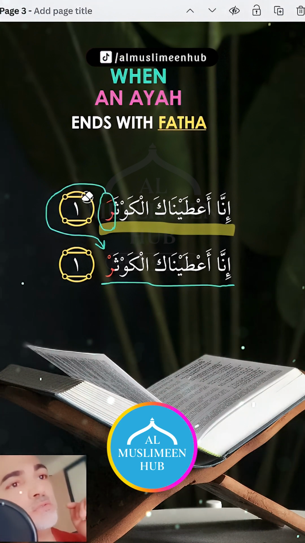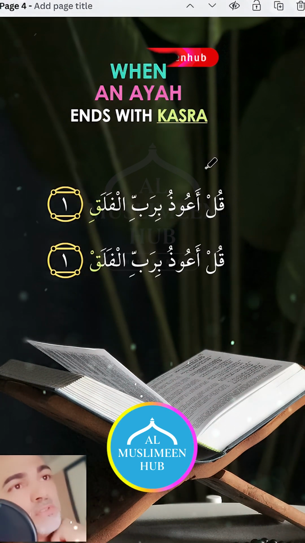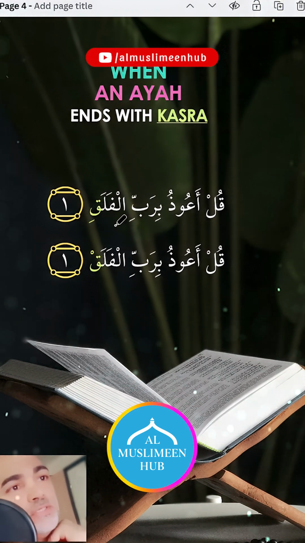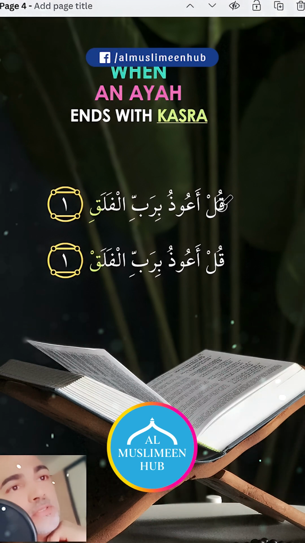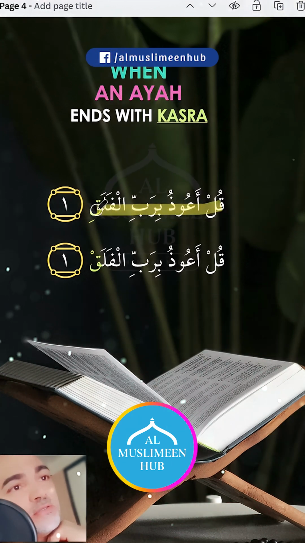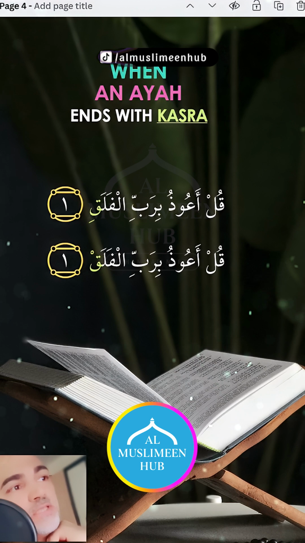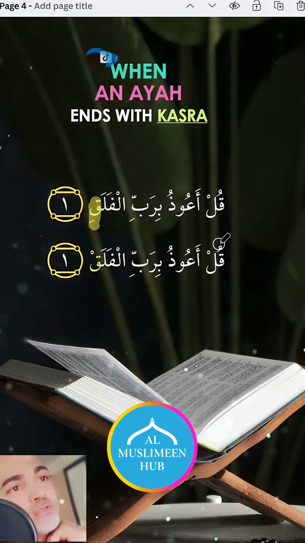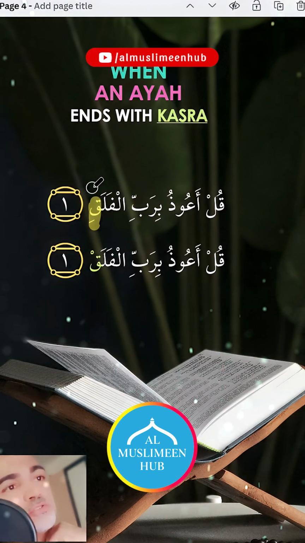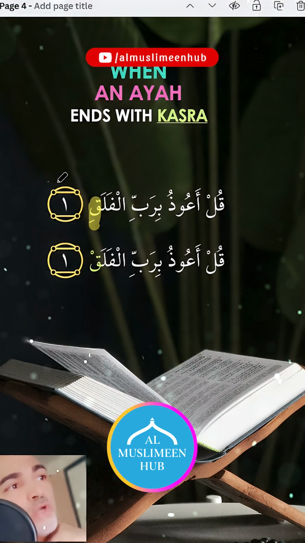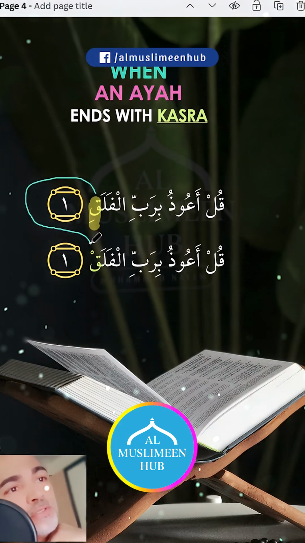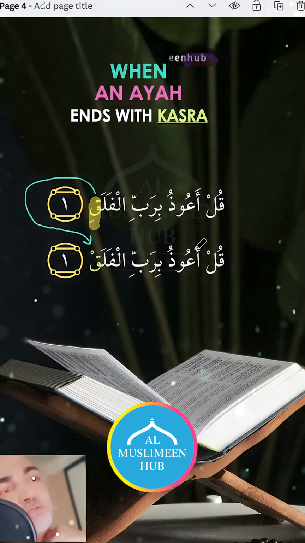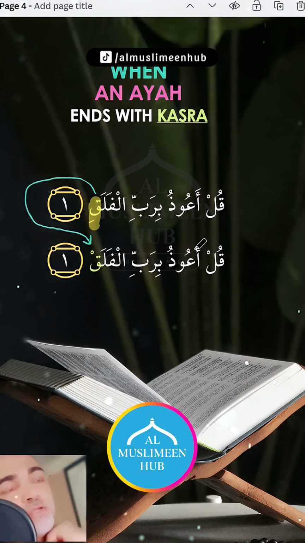Okay, now that was fatha. When you see the ayah in the Quran is ending with kasra, here you can see it, so then what happens? You have to replace that kasra also with sukoon. It's very easy, it's not difficult, it's not complicated.